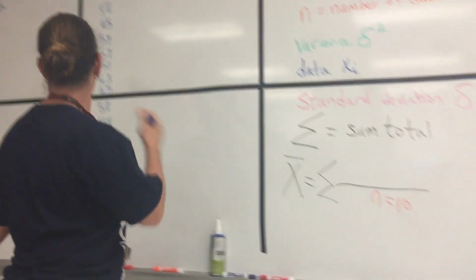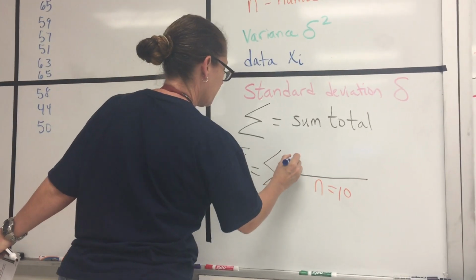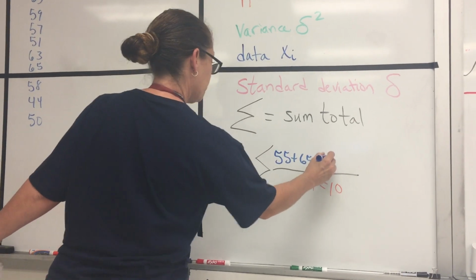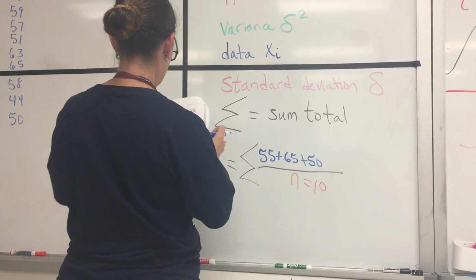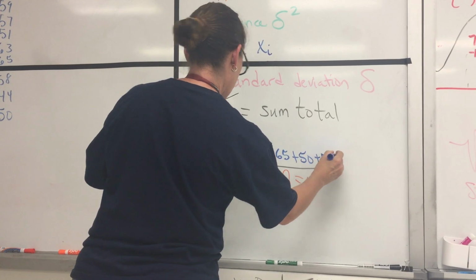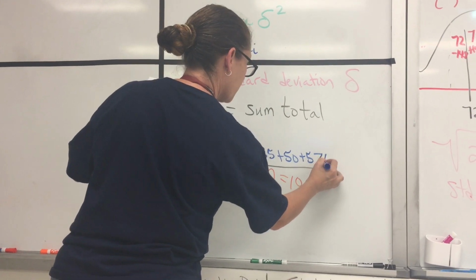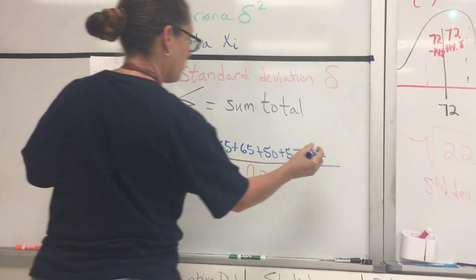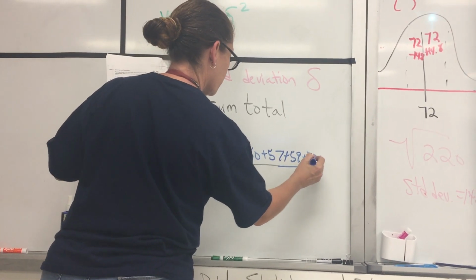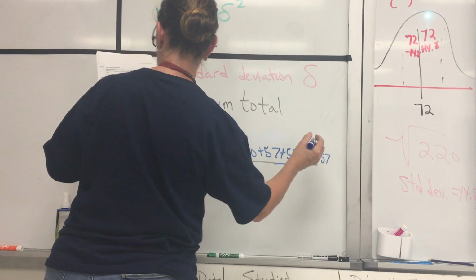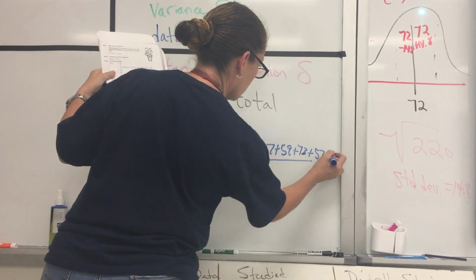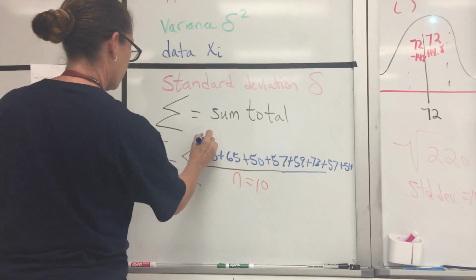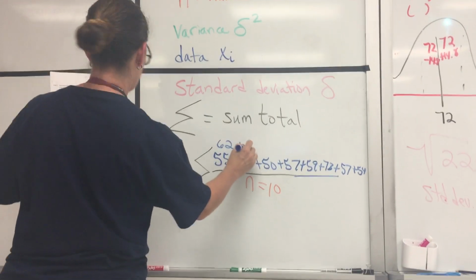Then we put all those numbers there and add them up: 55, 65, 50, 57, 59, 73, 57, 54, 62, and 68.